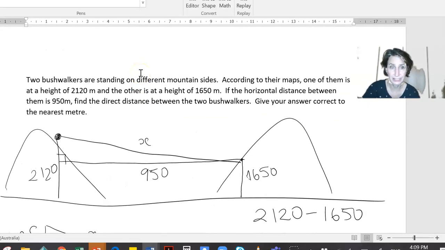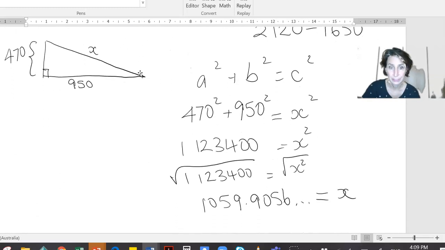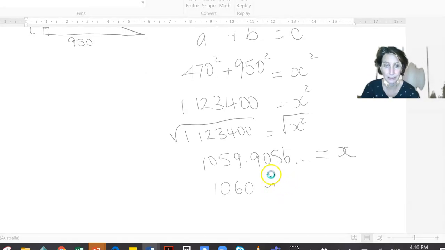It says, give your answer correct to the nearest meter. So the nearest meter means I'm going to round it off to no decimal places. If we have a look here, this number 9 means that this next digit needs to go up. So we're at 59. It's actually going to go up to 60, which is our distance there.